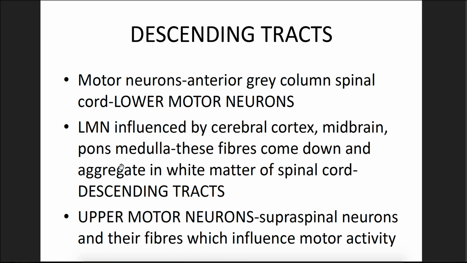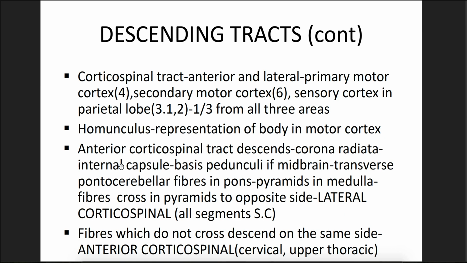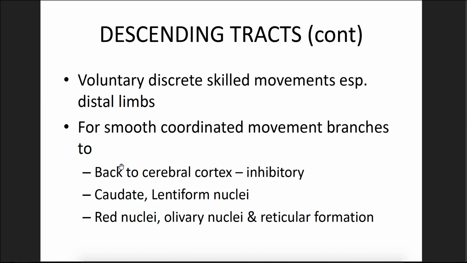It crosses at the level of the pyramids of the medulla, and this is called the pyramidal decussation. Those fibers which do not cross but descend on the same side are called anterior corticospinal, and anterior corticospinal are only in the cervical and upper thoracic segments.